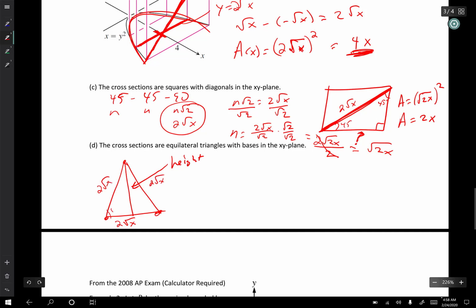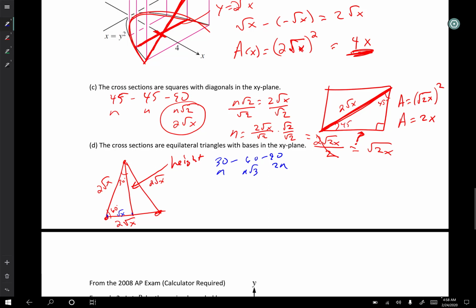Now here is a 60, here's a 30, because I cut it right down the middle to get the height. And so that means the distance from here to here is square root of x. And a 30, 60, 90 triangle is n, n square root of 3, and 2n.